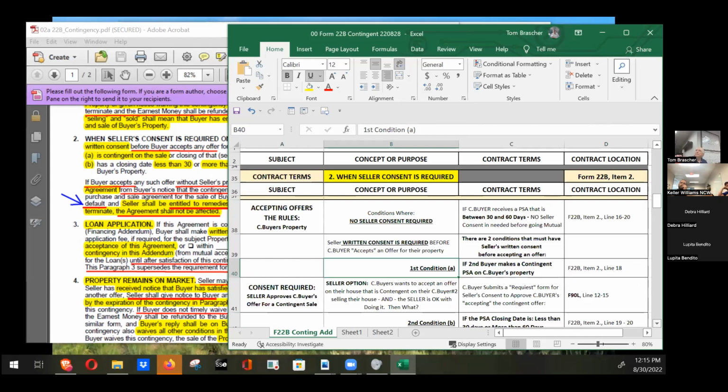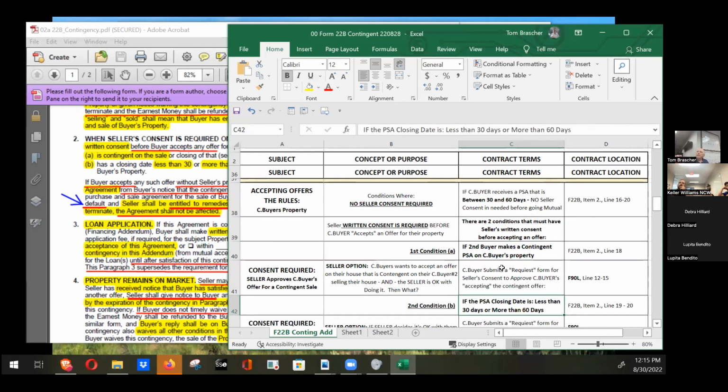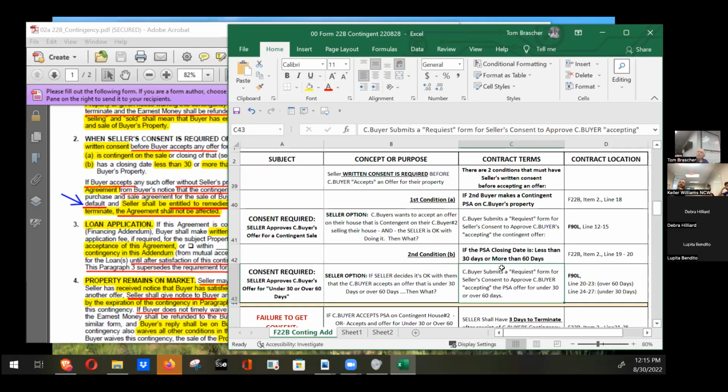Well, here we go. Okay, let's say, so accepting an offer, there's no problem if it's between 30 and 60. Seller written consent is required for 2 conditions. There's condition 1. There's condition 2. And consent is required.